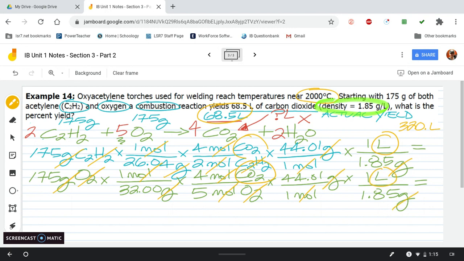Okay, 175 divided by 32, enter, times 4, enter, divided by 5, enter, times 44.01, enter, divided by 1.85, enter. After all of that, I'm going to get an answer for this one of 104 liters.